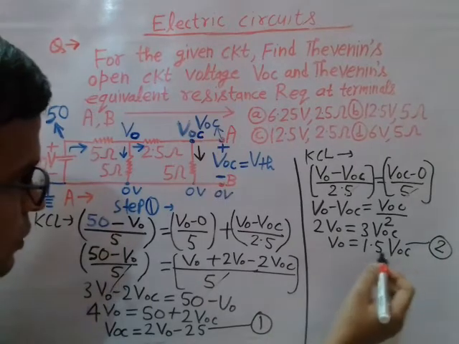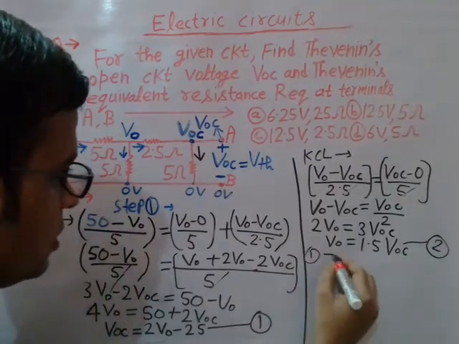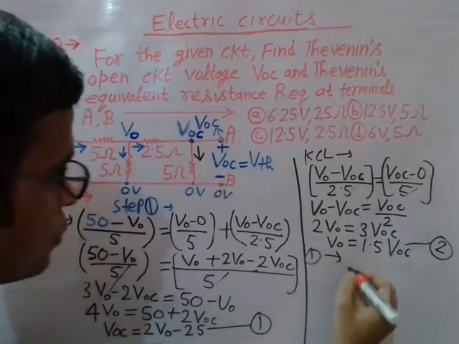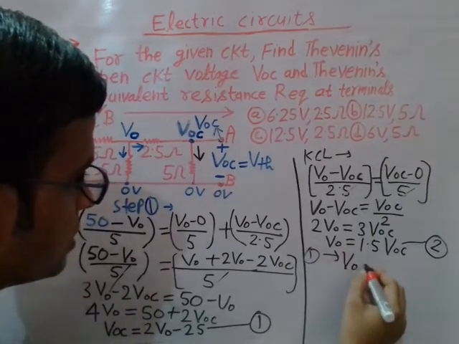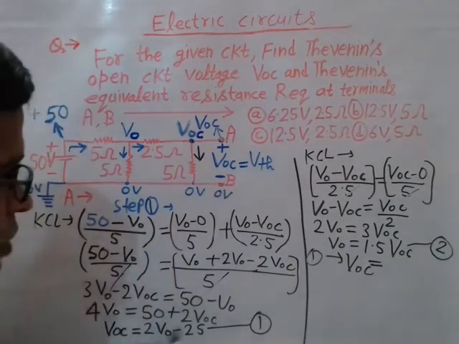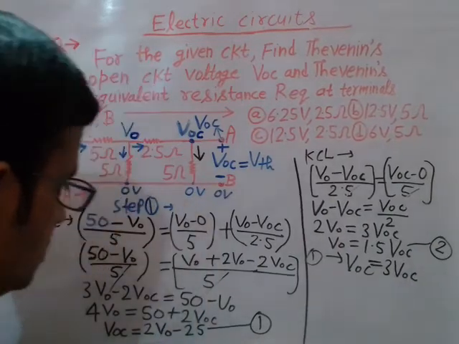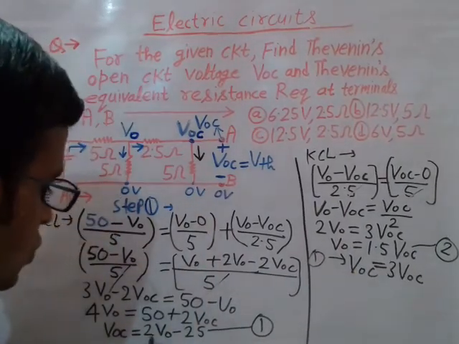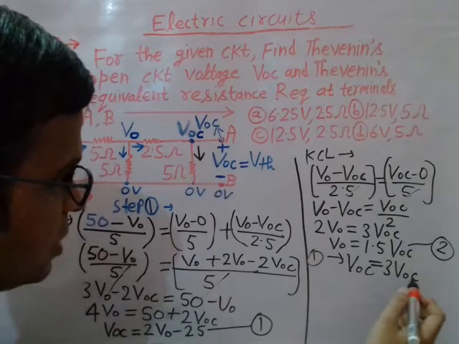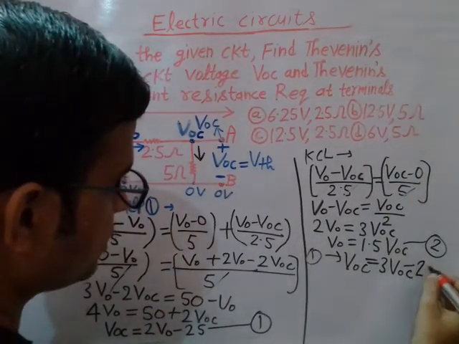When you put V naught is equal to 1.5 VOC in equation number 1, you can get VOC is equal to 2 V naught, means 3 VOC, right? V naught is 1.5 VOC, so 2 V naught is 3 VOC minus 25.